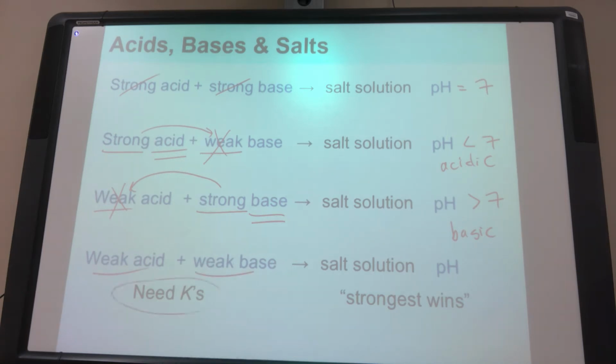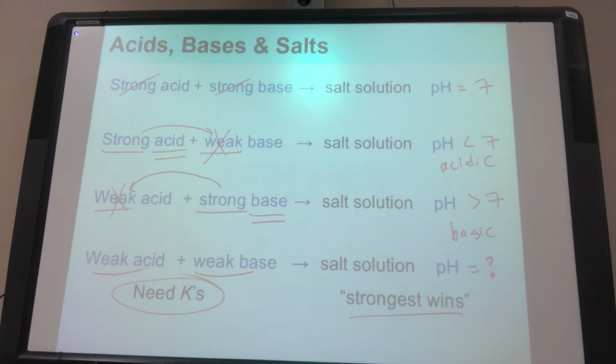I have to look at the K's. So whichever K is the larger K, that's the one that's going to overcome the other guy. So here, my pH is kind of, I don't know. It depends. So just have to know that whichever one has the stronger K, that's the one that's going to overcome. Okay? All right, so let's move on.